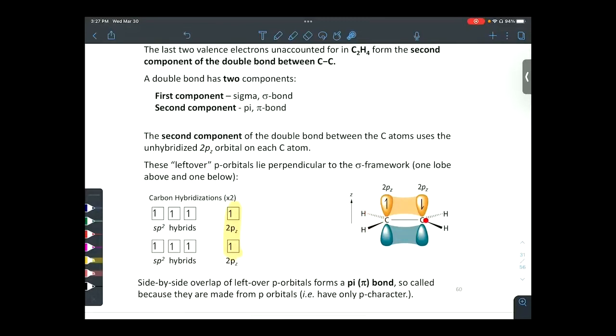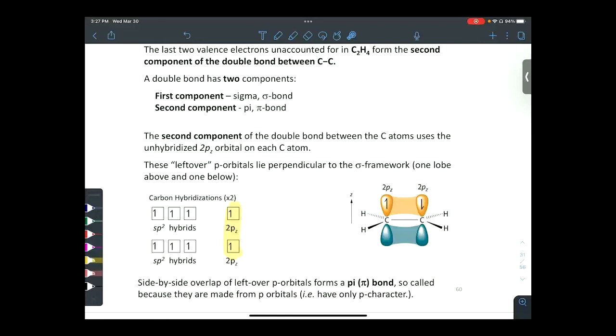These are all the sigma bonds that make the sigma framework. There's 2 electrons in each of those lines. But the unhybridized p orbitals are up and down, perpendicular to the plane of the molecule. And so this interaction between unhybridized p orbitals is like this, not like this.